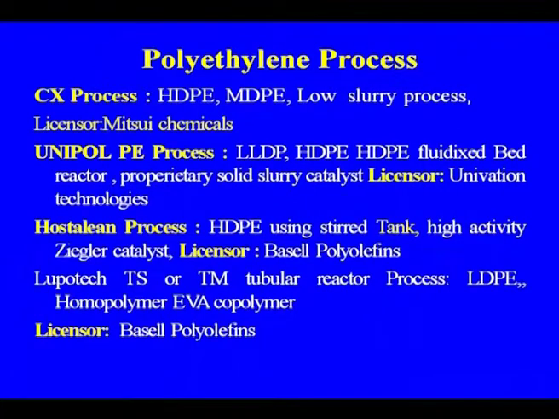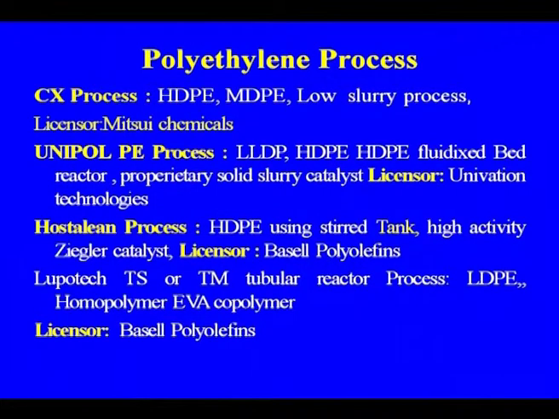Other process licensors: CX process for LDPE, MDPE, low slurry process licensor is Mitsubishi Chemicals, UNIPOL process, LLDPE, HDPE, fluidized bed reactor we are using in this process. Then the Hostalen process, HDPE using stirred tank, high activity Ziegler catalyst we are using here, licensor Basell Polyolefins.